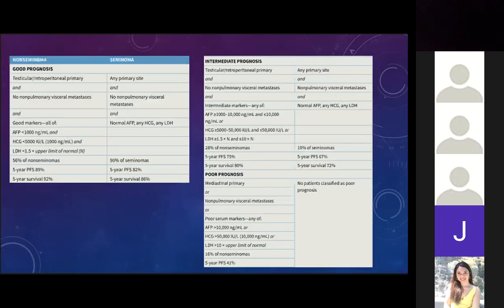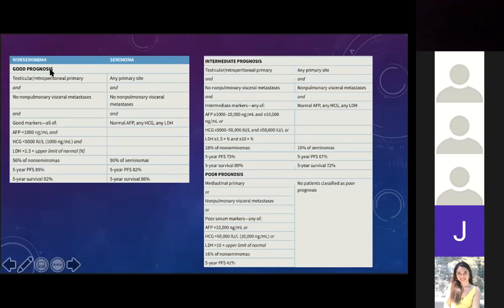So here, the International Germ Cell Cancer Collaborative Group, or the IGCCCG, made a guide for prognostic classification of advanced germ cell tumors. This should be used to guide treatment decision making on the choice of chemotherapy. They classified it into good prognosis, intermediate prognosis, and poor prognosis.